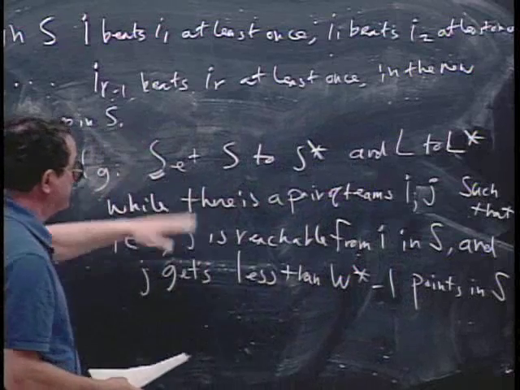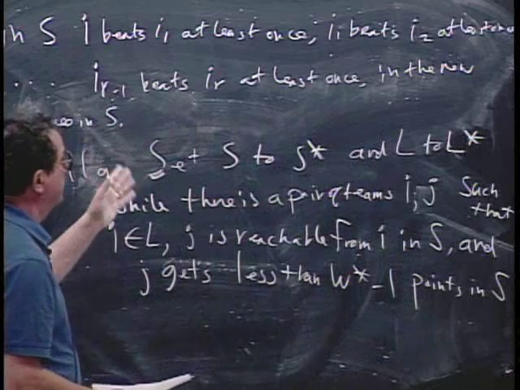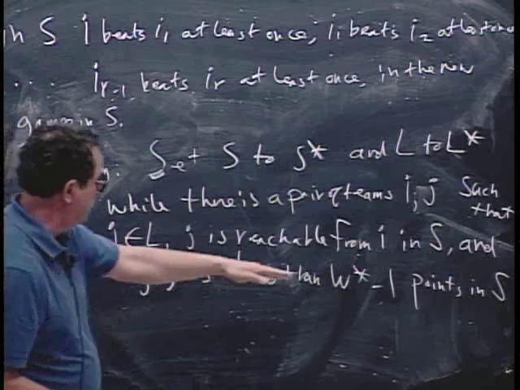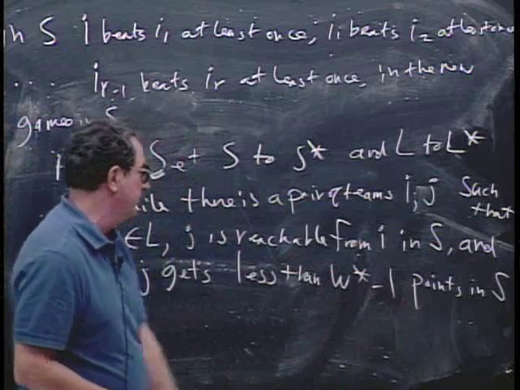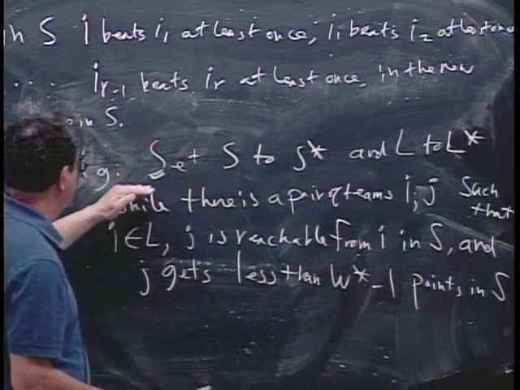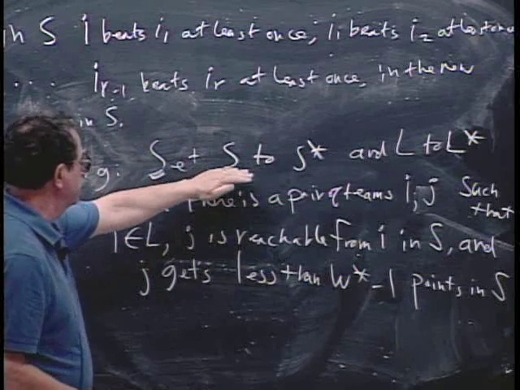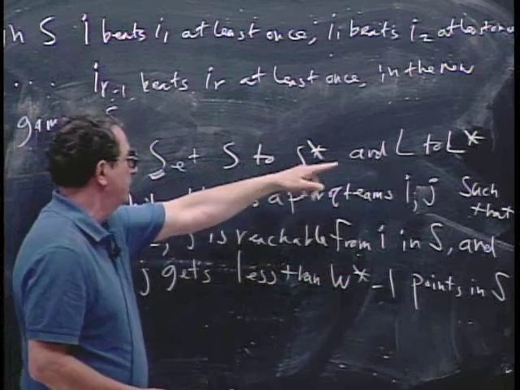Okay, so this is baseball again. This is only in the case of baseball that we're solving this. So when I say points, you can also think of that as wins, how many wins they have. So we set the scenario S to S star and L to L star.